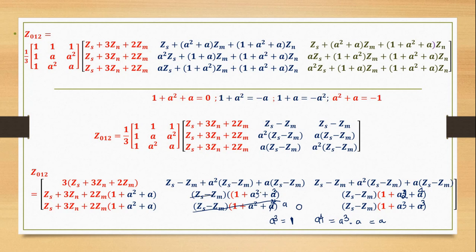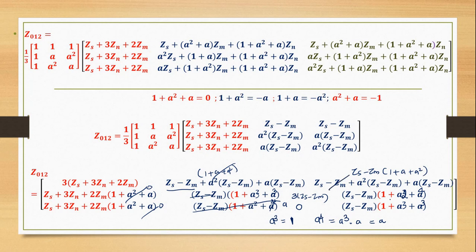And this is equal to Zs minus Zm, 1 plus 1 plus 1. So 3 into Zs minus Zm. Here fully 0. This is 0. And this term also Zs minus Zm into 1 plus A square, also 0. Here 1 plus A plus Zs minus Zm into 1 plus A square, this is also 0.